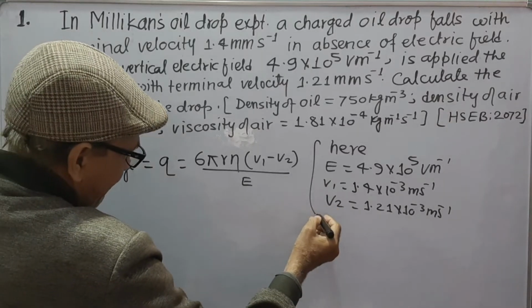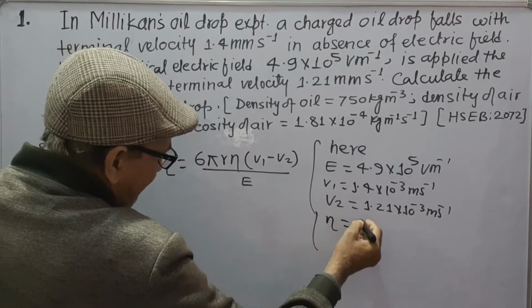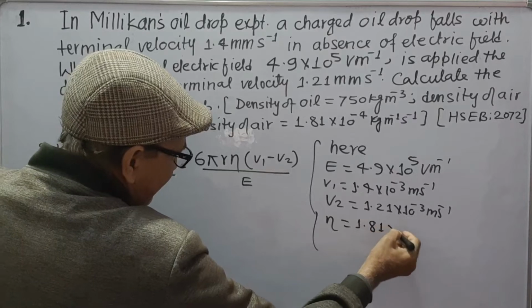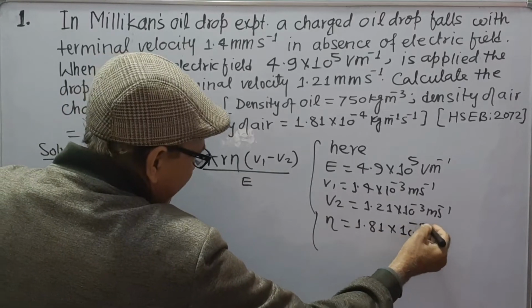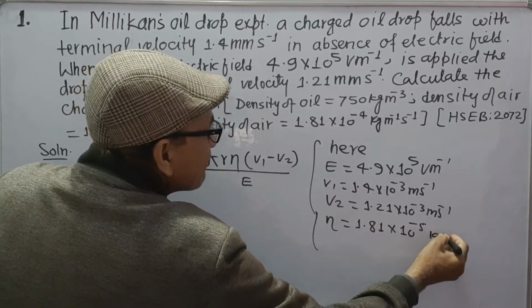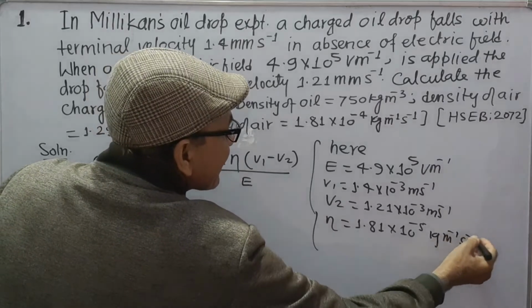The viscosity of air is 1.81 x 10^-5 kg per meter per second.